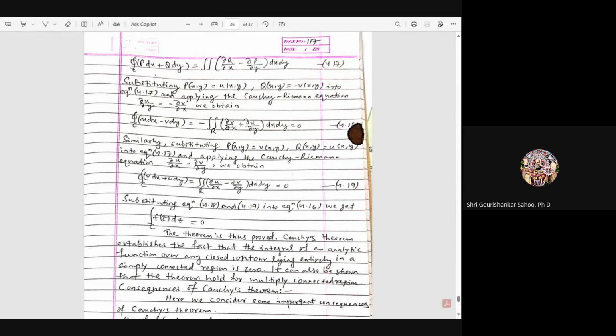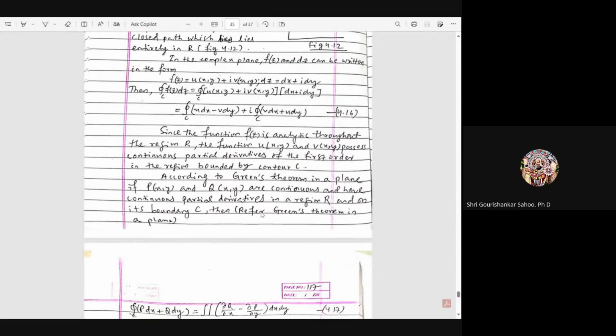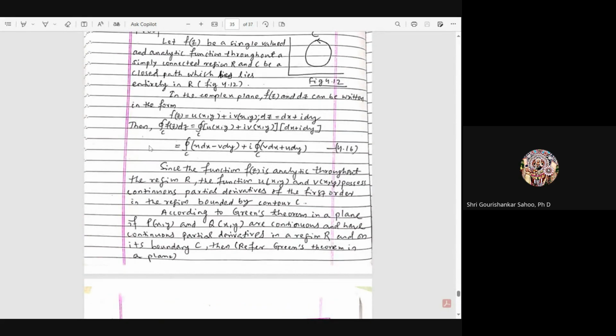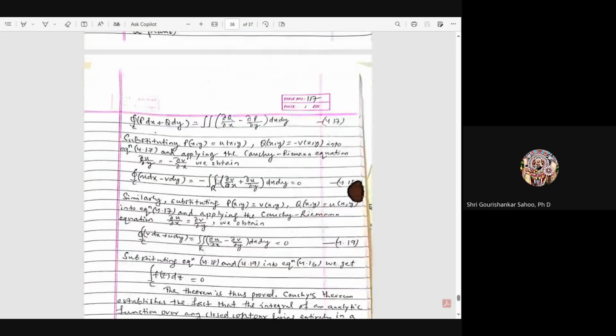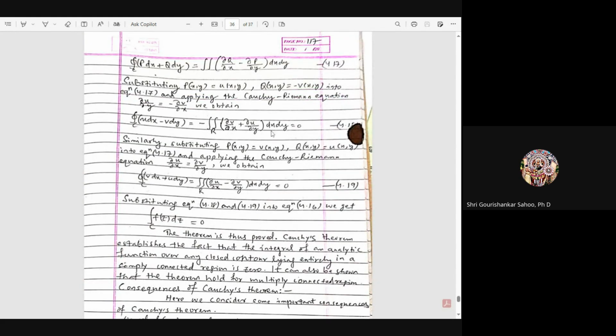So the theorem is thus proved. You substitute 4.18 and 4.19 in equation 4.16, and you have the integration over the closed contour of f(z) dz equal to 0 because these two terms will cancel out. One is minus of this, one is plus of this, and this will be 0. So this is the proof.